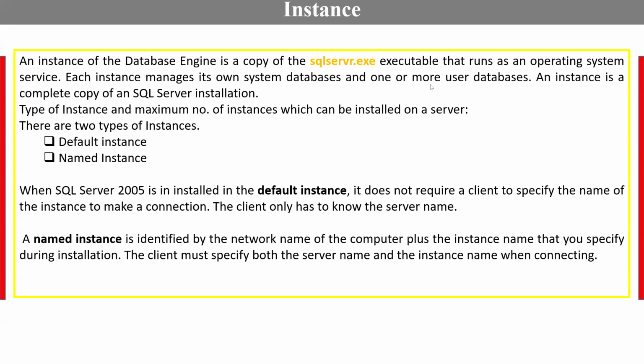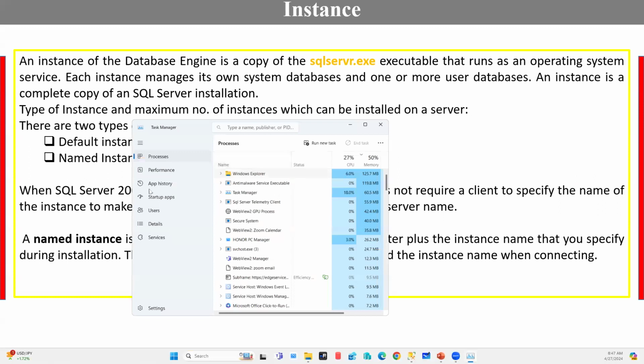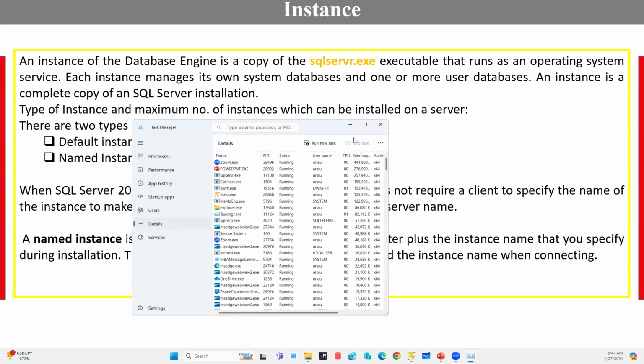Whenever you open Task Manager and go to the Details tab, you will see sqlservr.exe. This is one executable file which is running in the backend. If I stop this one, your database engine will go down.